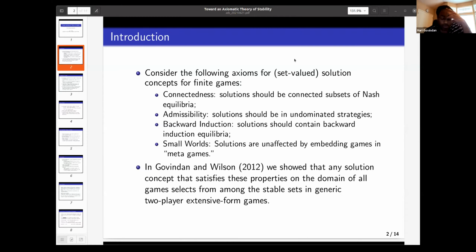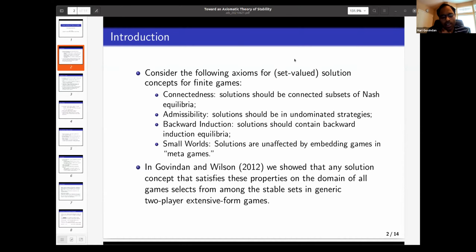I'll define what that means later, but essentially it says that if we have a game that's being played by, say, two players, and we embed this in a larger game, what I would call a meta game, then the solution to this smaller game is unaffected by the fact that we embedded this in this larger game.